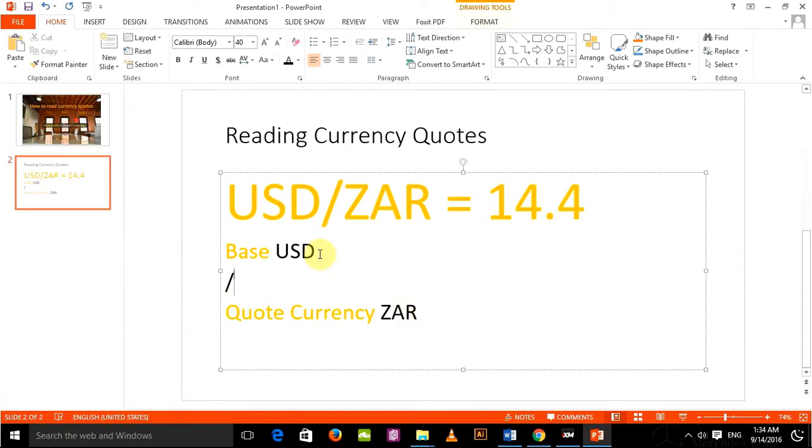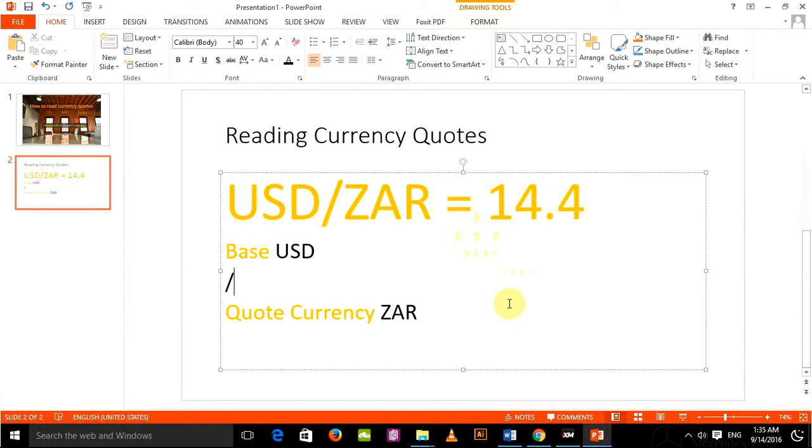The base currency is always the basis of your currency pair. We buy and sell the base currency. We don't buy and sell the quote currency per se. But essentially what I'm saying is that the USD is your base currency because it comes before the slash.